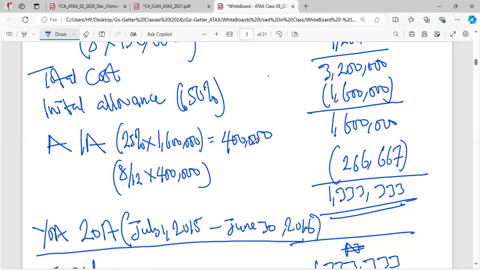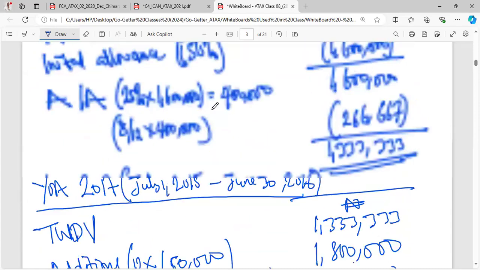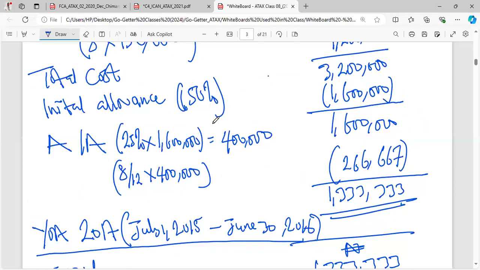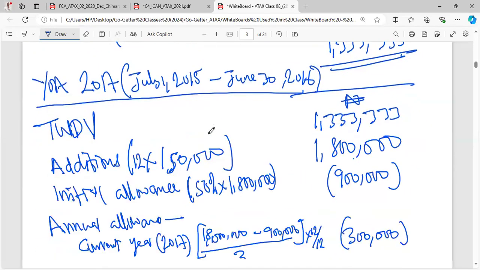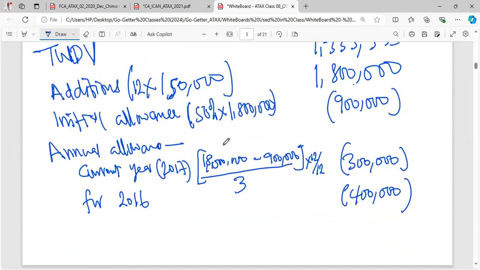We take this full annual allowance, for a full 1 year, because this asset has now lived for another full year. So you come here, 400,000.